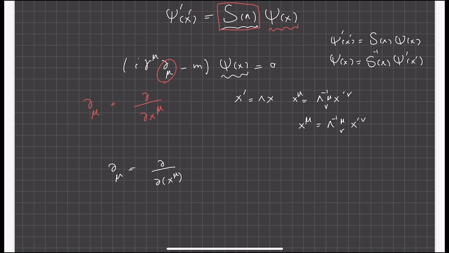We say x mu is equal to lambda minus 1 mu nu x prime nu.